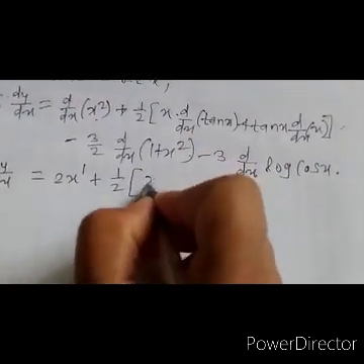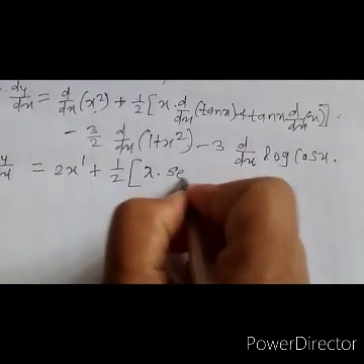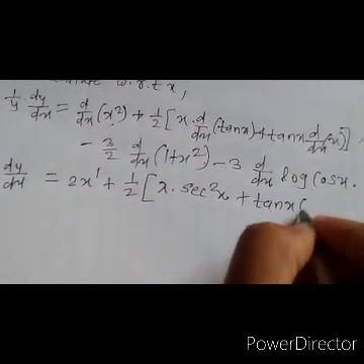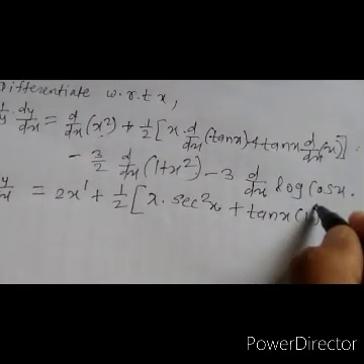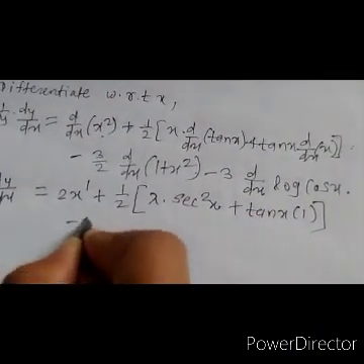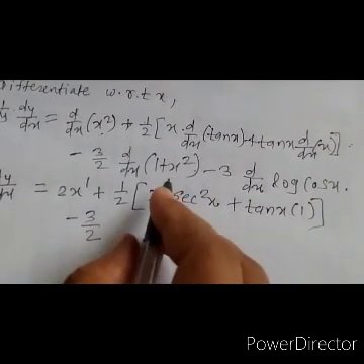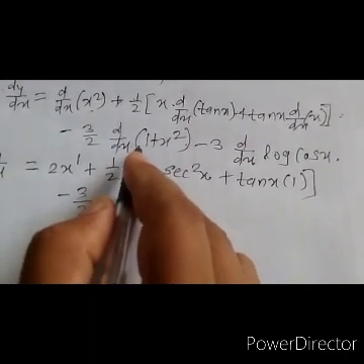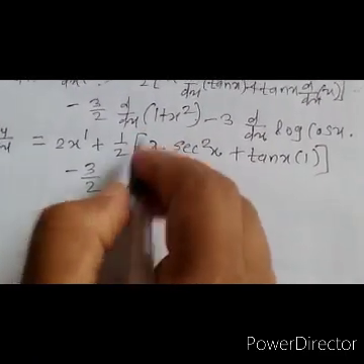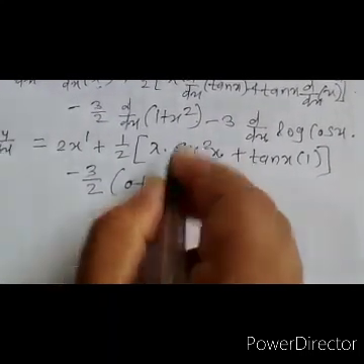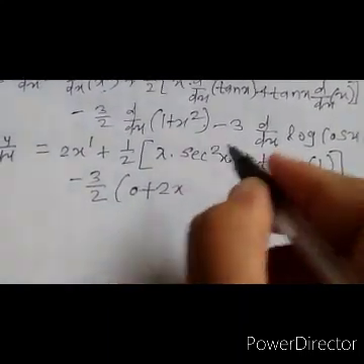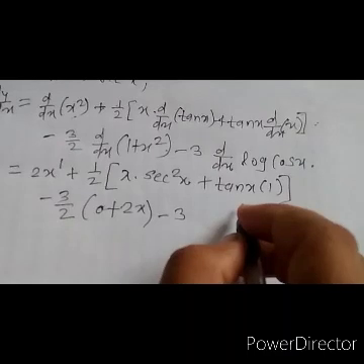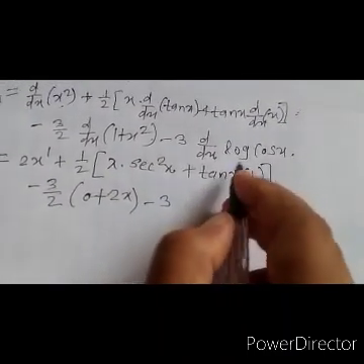First you have to solve this bracket: x d by dx of tan x, that is sec²x, plus tan x derivative of x with respect to x, that is 1, minus 3 upon 2 d by dx of (1 + x²), that is derivative of 1, which is 0 because 1 is constant, plus derivative of x², that is 2x, minus 3 derivative of log of cos x.